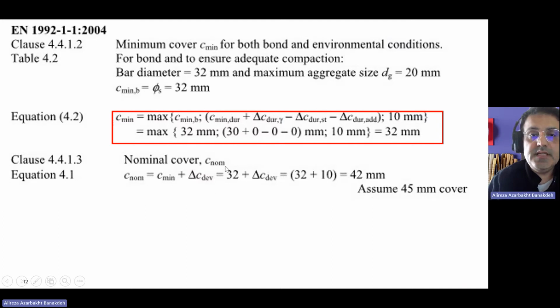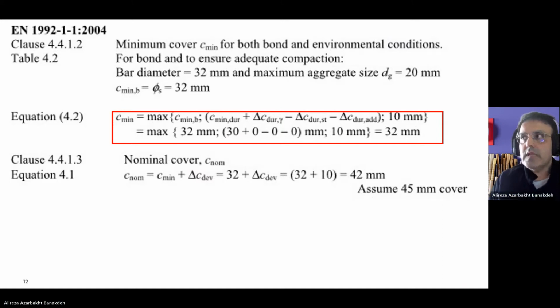Then you put your C min here, 32 plus delta. This delta is the deviation based on the actual erection of your structure, and it's always 10 millimeter. It means that it's the human error you can make when you put those reinforcements in place. It means that if we say it's 32, it's not enough, because one worker may put the reinforcements 10 millimeter below where it should be.